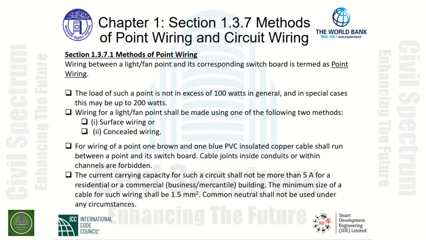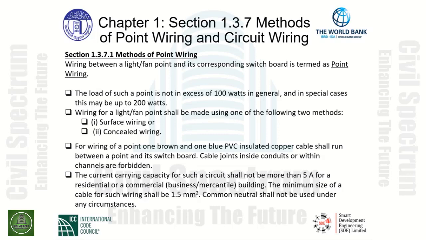The load of such a point is not in excess of 100 watts in general, and in special cases, this may be up to 200 watts. Wiring for a light fan point shall be made using one of the following two methods. Item 1, surface wiring method, or item 2, the concealed wiring method.